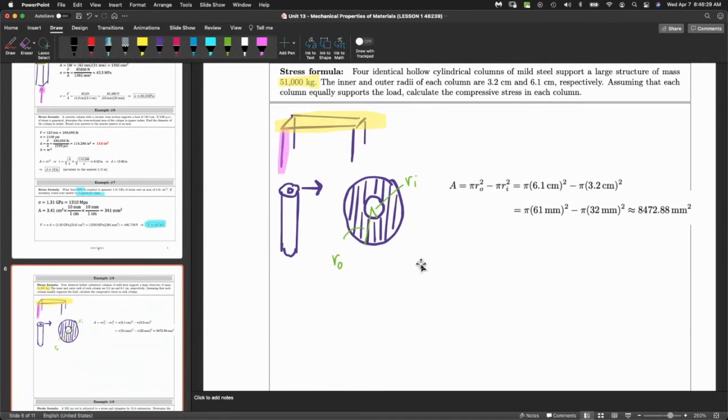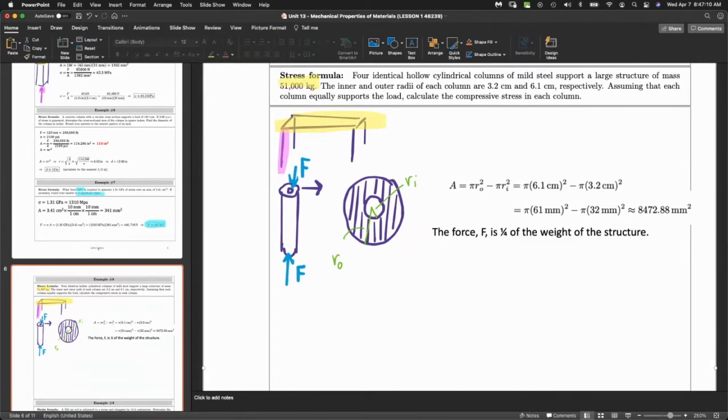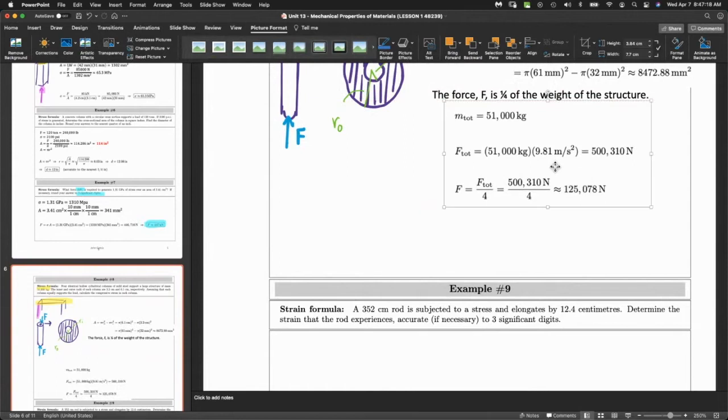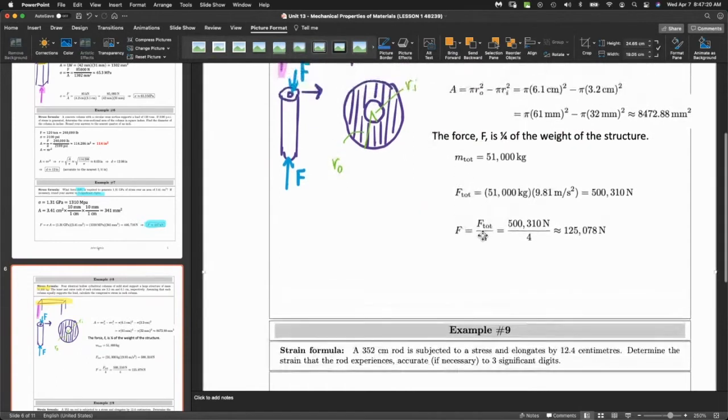So that means that the force in one of these columns, if we call this here F, then F is going to equal the weight of this object divided by 4. So here's the calculation for that. It looks like a lot of writing, but just read it carefully. It's nothing too bad.